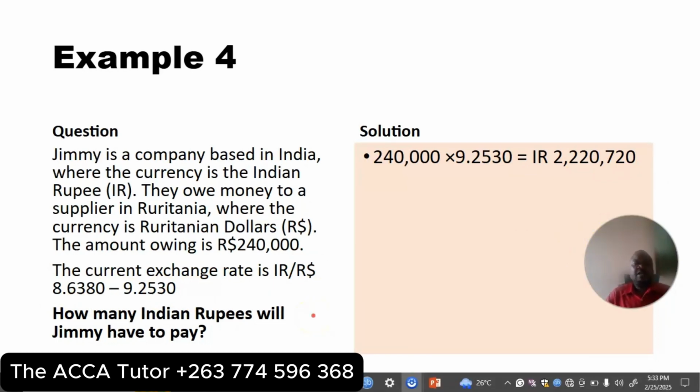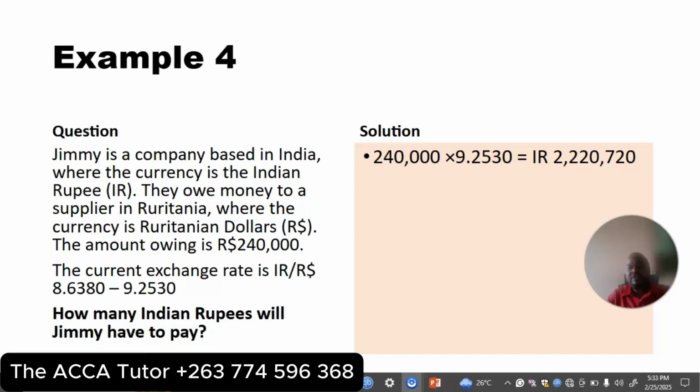Jimmy is a company based in India where the currency is the Indian rupee. They owe money to a supplier in Ruritania where the currency is Ruritanian dollars. The amount owing is 240,000.